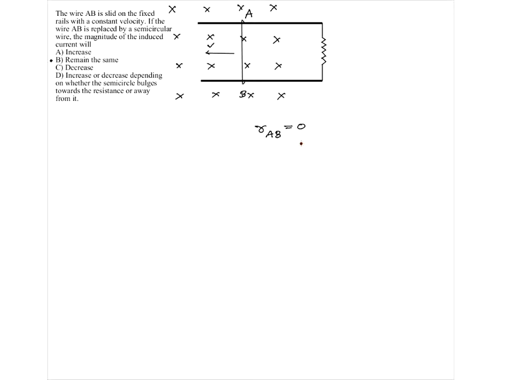So RAB equal to 0 is quite important to say, because the question talks about induced current. It doesn't talk about induced EMF. The induced EMF answer won't change whether there is resistance 0 or otherwise, if the speed and other things are the same.